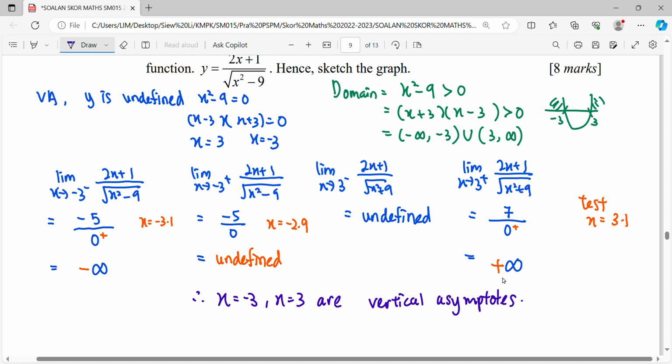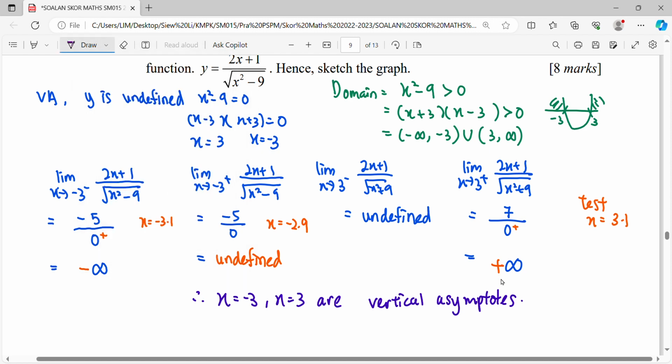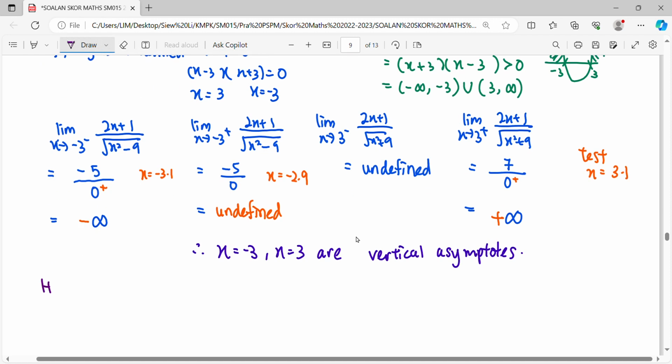Then we continue to horizontal asymptote, where we're going to calculate the limit as x approaches positive infinity and negative infinity for the function (2x + 1) over the square root of (x squared minus 9).